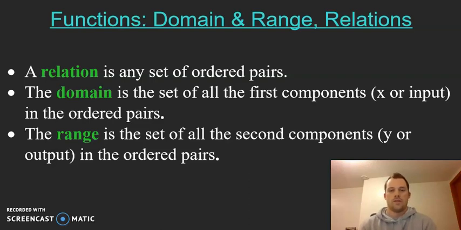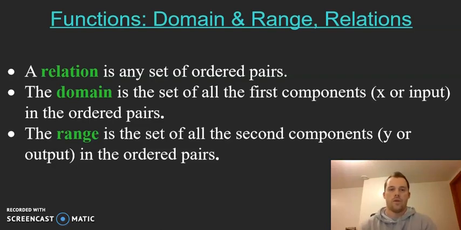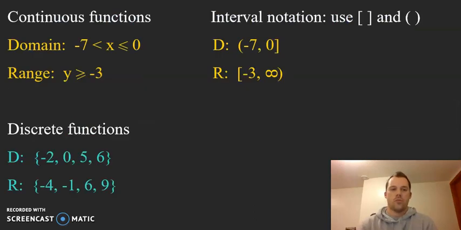The range represents the second component in our ordered pairs, or the y value, the output. So if we look at how domain and range is written, early on in math and algebra courses, we are typically describing it like this. So we're using the less than or greater than signs.